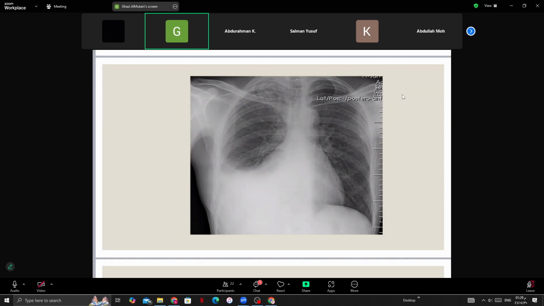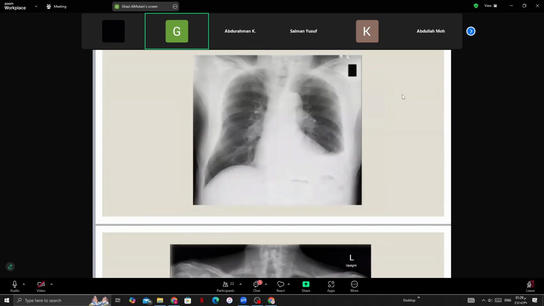طيب what about the chest X-ray؟ So there is obliteration of the left costophrenic angle.